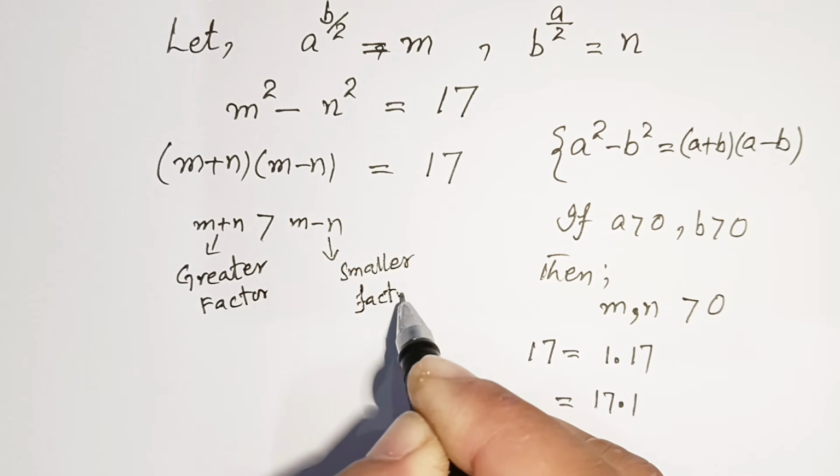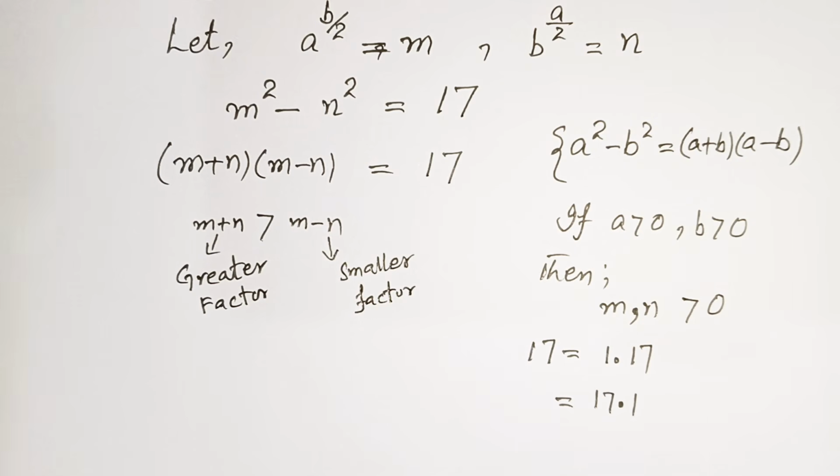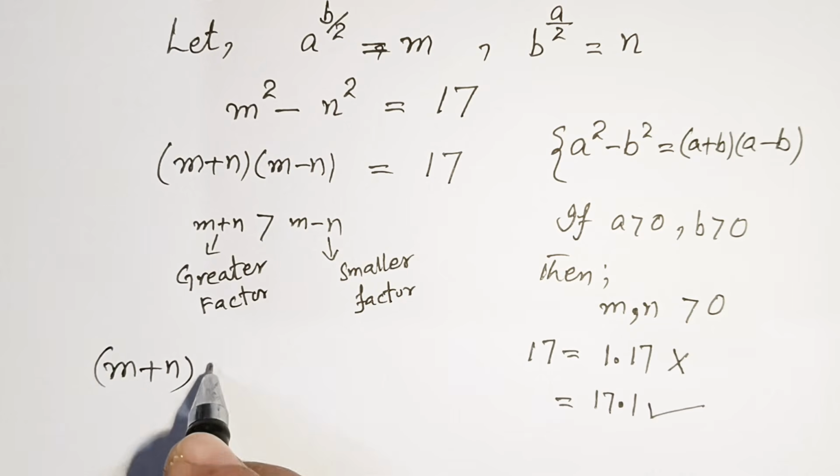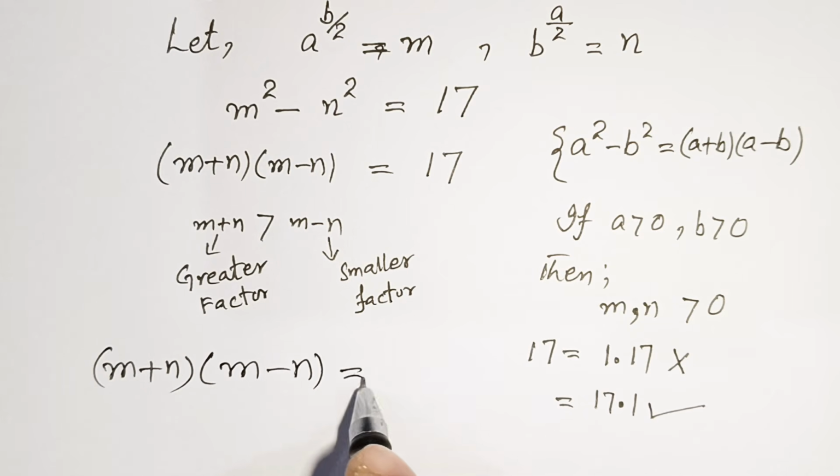So we take those possible factors of 17 in which the first factor is greater and the second factor is smaller. If we see 1 times 17, 1 is less than 17, so we reject this one. Here the first factor is greater and the second factor is smaller, so we take this factor of 17. Hence we have m plus n times m minus n is equal to 17 times 1.